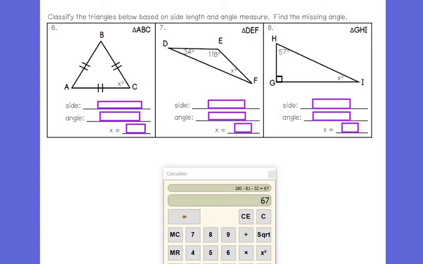Well, all sides have 2 tick marks. So that tells me what about their sides? They're all the same. So what would this be? Equilateral, isosceles, or scalene? Equilateral, because all sides are the same.